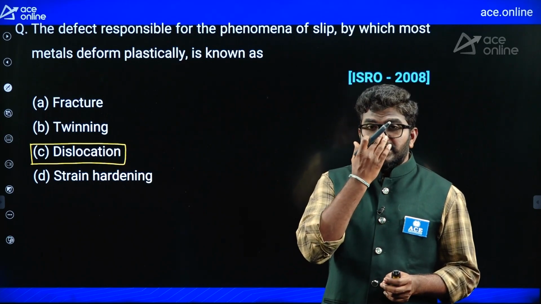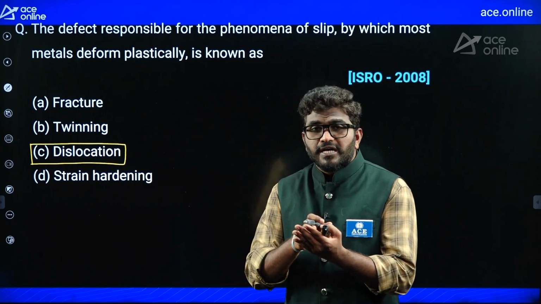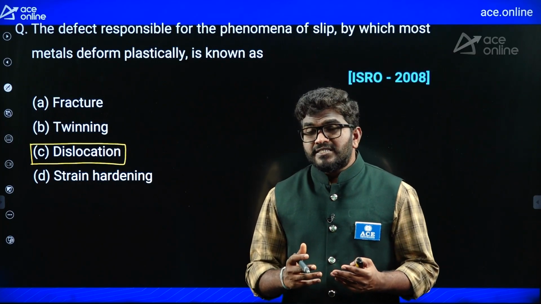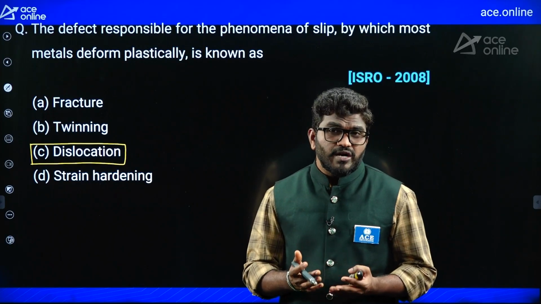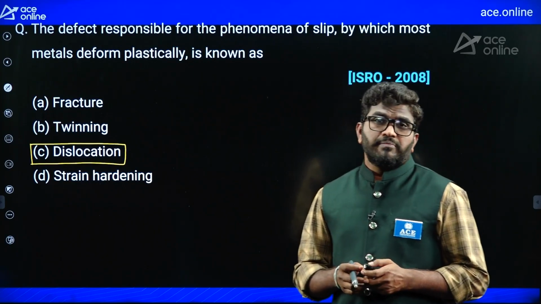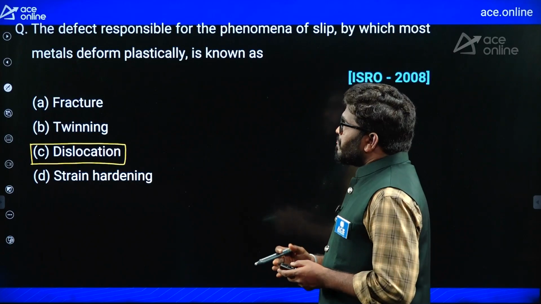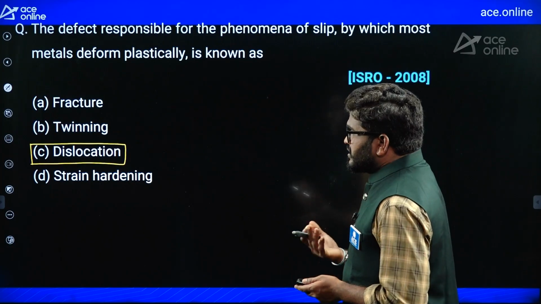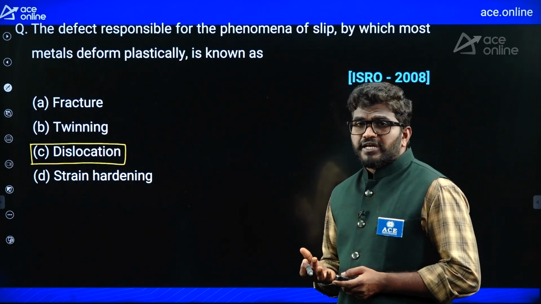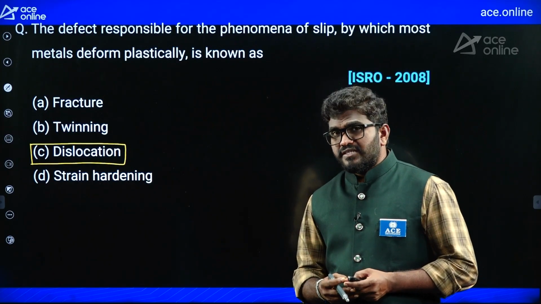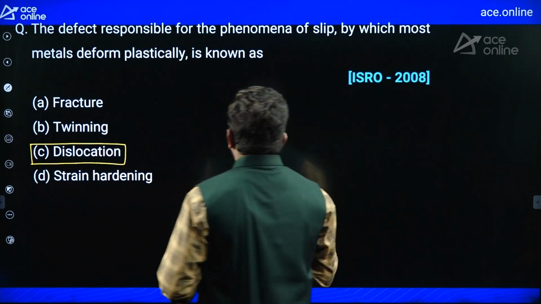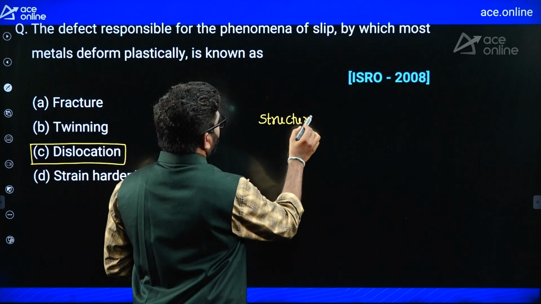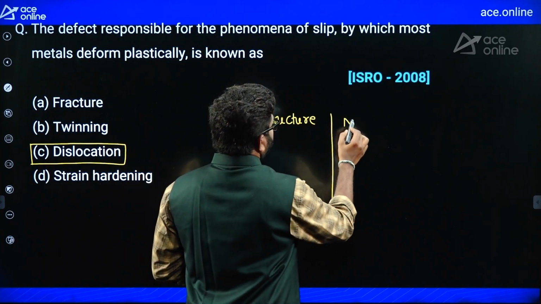If the dislocations are moving easily in a material, we can say it is more plastically deformable. If the dislocations can't move easily, it is not plastically deformable. Based on the number of slip systems also you can guess the answer. If the number of slip systems is more, they are ductile metals, otherwise they are brittle metals. This is also very important for the exam: structure and number of slip systems.